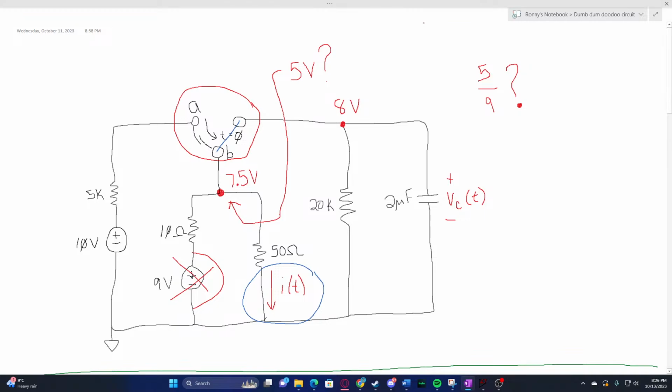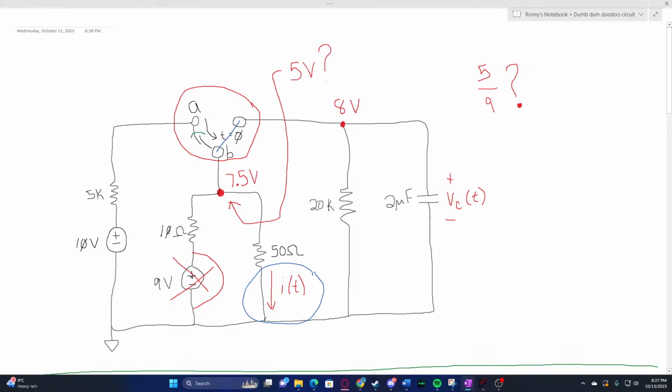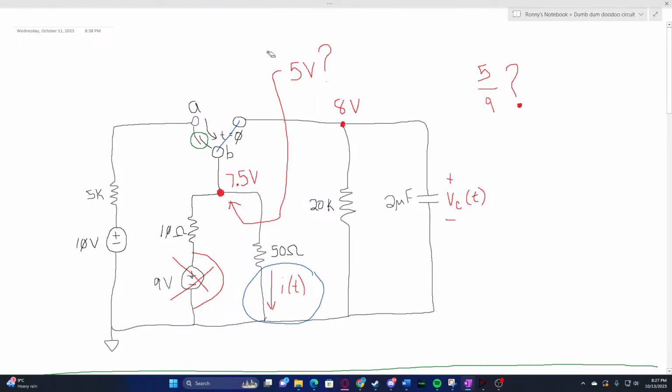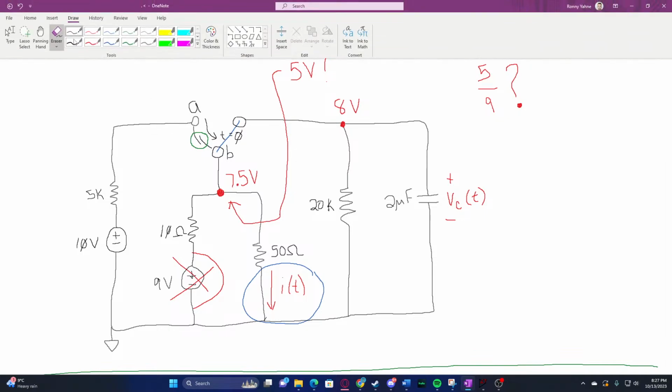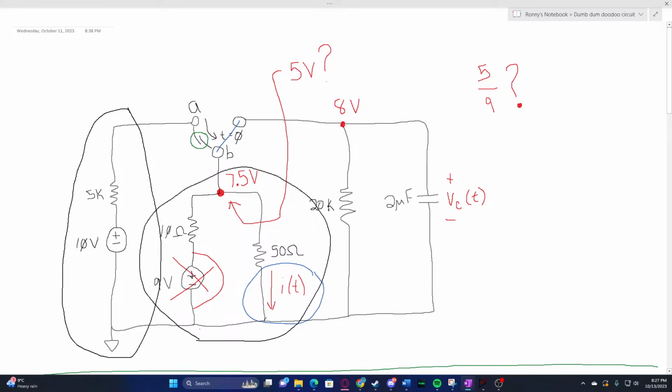What it does is, as it switches down, you have a specific period of time, a little tiny bit, where this section here and this section are connected.